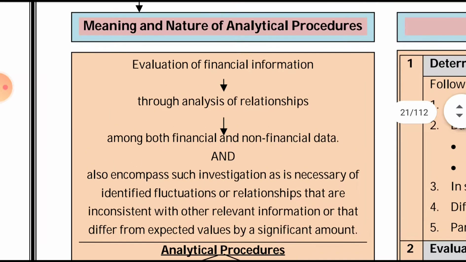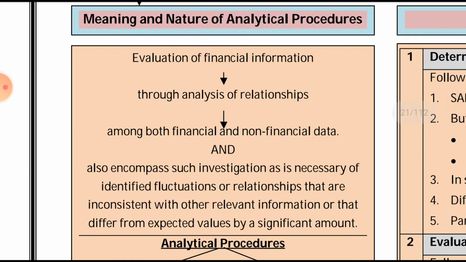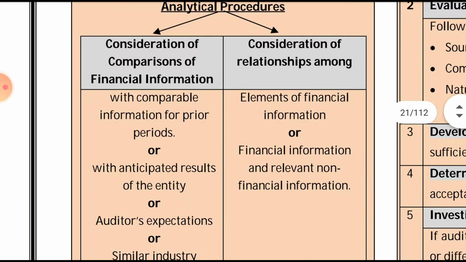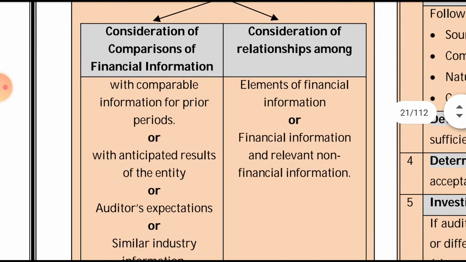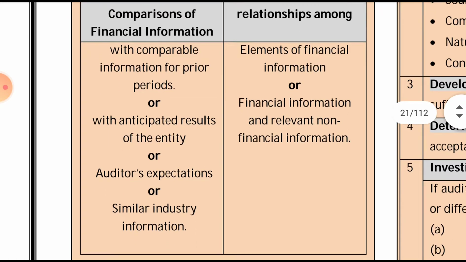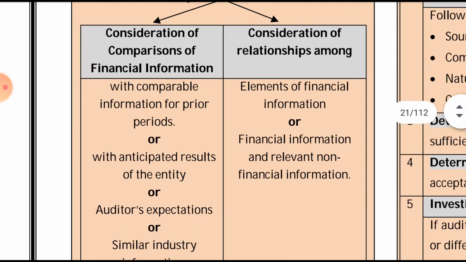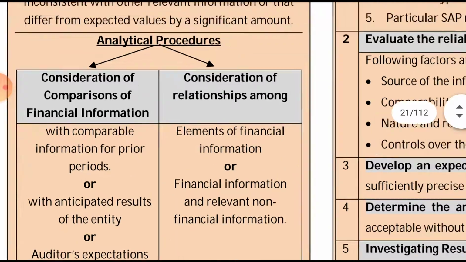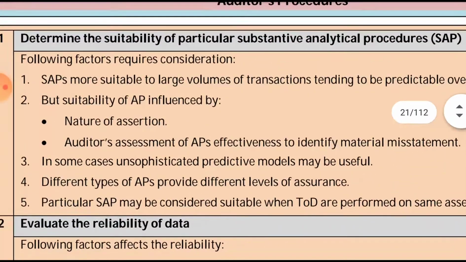This answer is a little tricky based on the wordings, so at the end you have to mug up the wordings. Then analytical procedure is a consideration of the comparison of the financial information with the comparable information for the prior period, with the anticipated results of an entity, with the auditor's expectation and similar industry information, and consideration of the relationship among the elements of the financial information or the financial information and the relevant non-financial information.